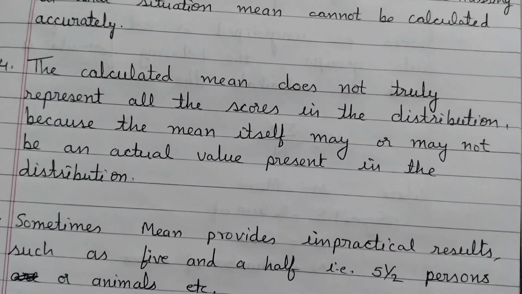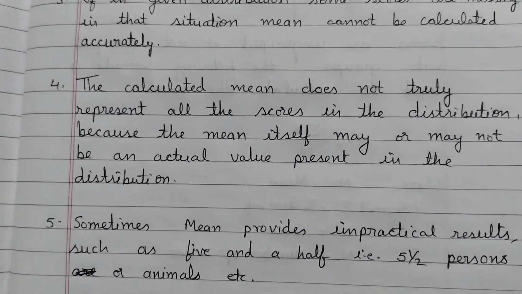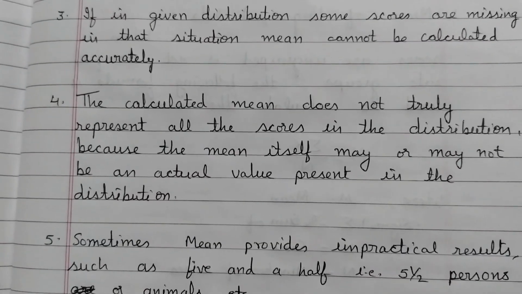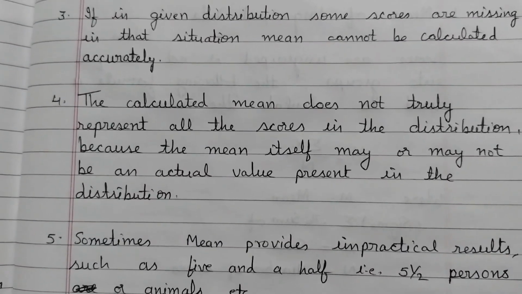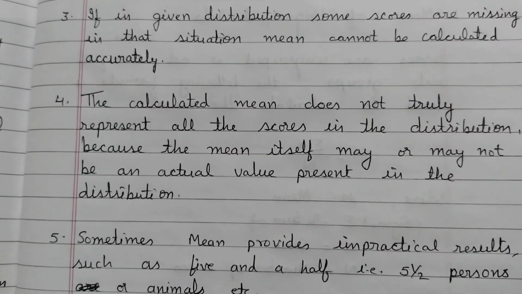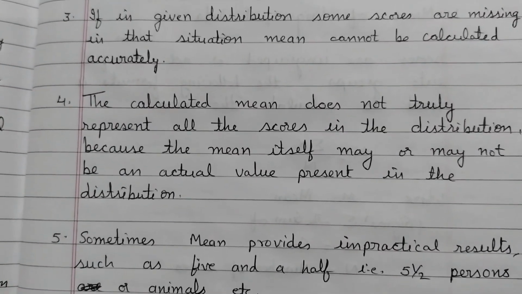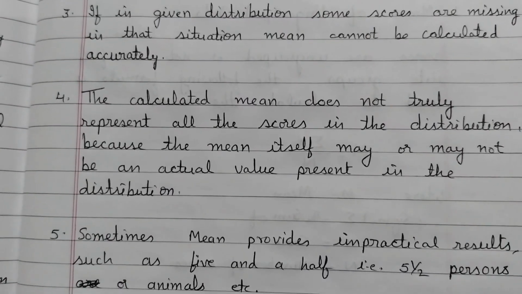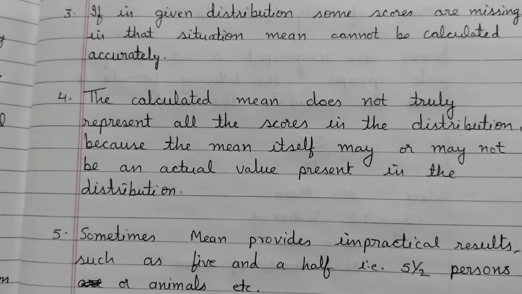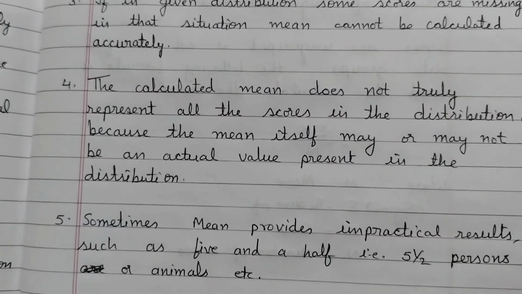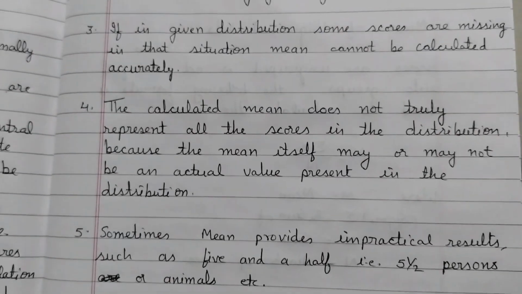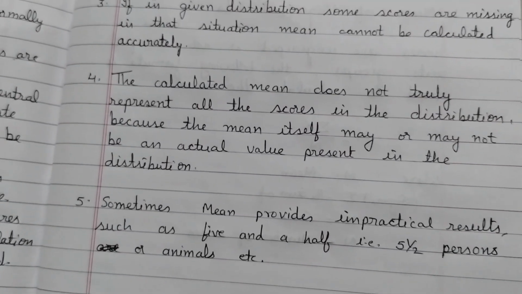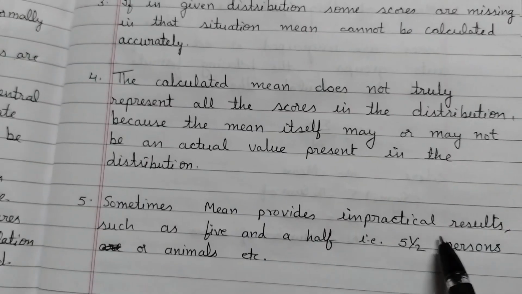The number of persons is an integer value, but in mean, suppose there are 5 and 6, and I have to find the average, so 5 plus 6 divided by 2 is 11 by 2, that is 5.5. So 5.5 in case of persons is impossible, since persons are 1 or 2 or 3 or 4 or 5. So this is actually an impractical result.